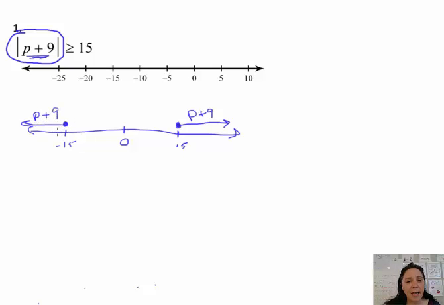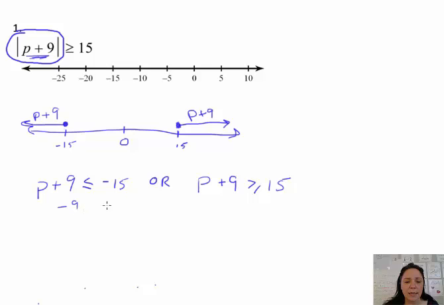And once I think about that, I can easily split this up. So I have p plus 9 is less than or equal to negative 15, or p plus 9 is greater than or equal to 15. And now I just need to solve the two of these and graph that final answer on my supplied number line.